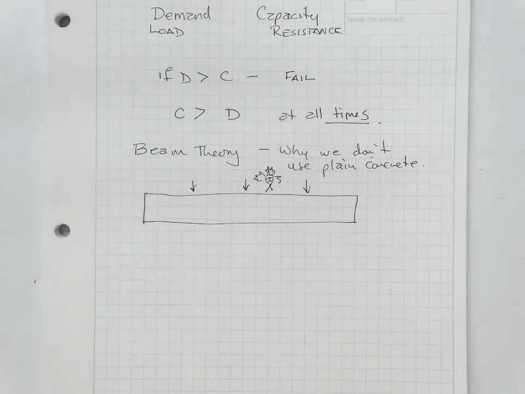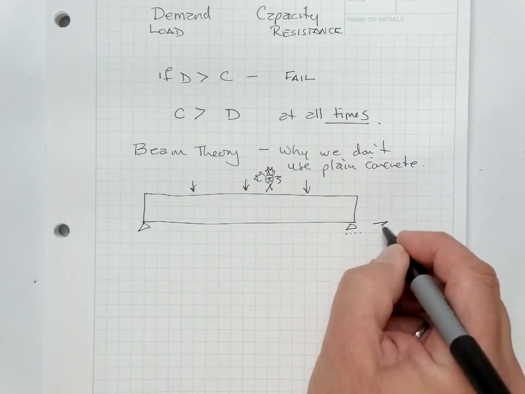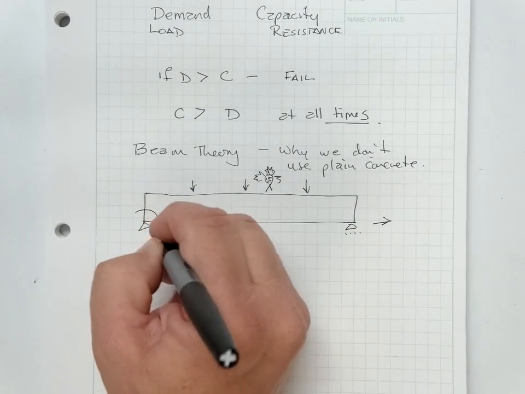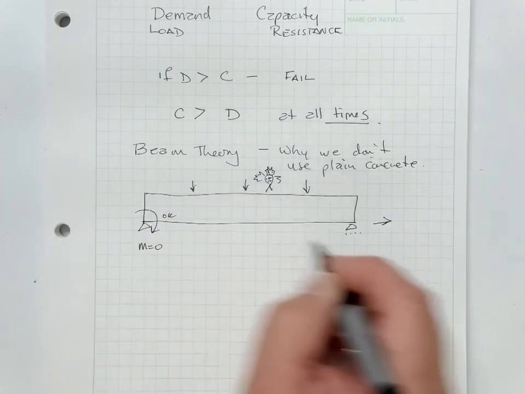Do you all remember what a bending moment is? Right? So bending moment is a force that causes the structure to bend. And it's a generalized state of stress. So the bending moment tells us that there are stresses in the structure, but we don't know what those stresses are. And if we have this beam simply supported so that it can move and it can rotate, then the moment at this point is equal to 0.